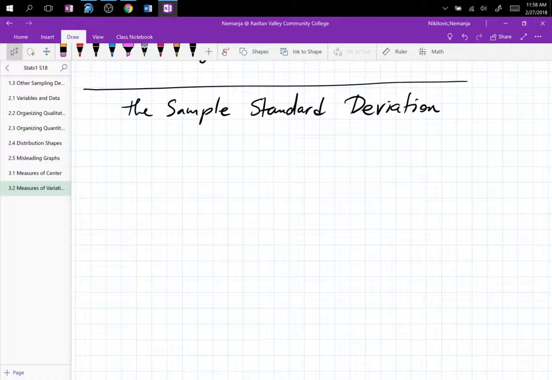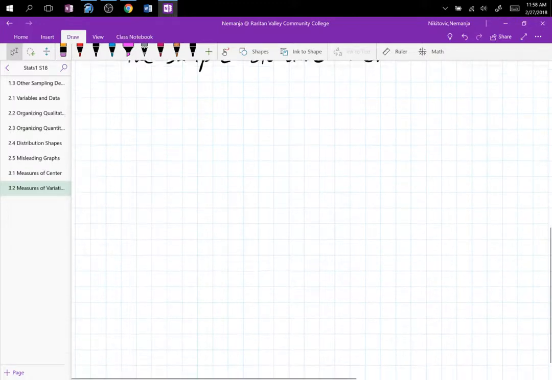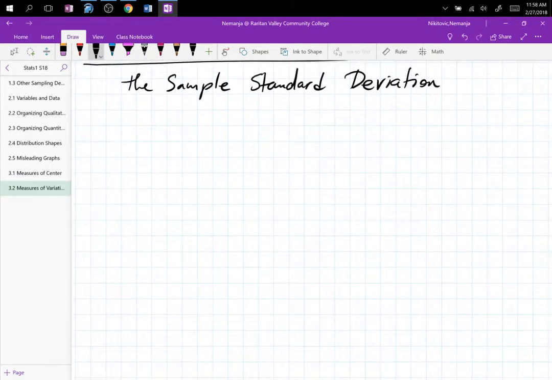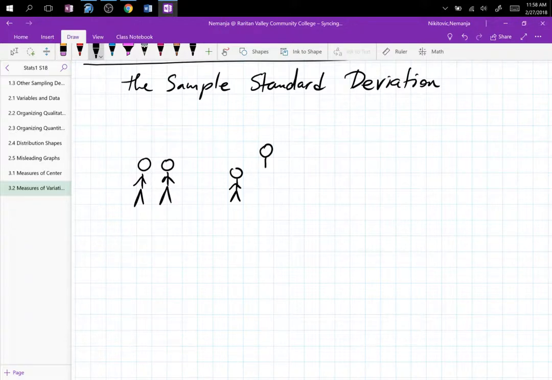Now you can see that the mean doesn't really tell us that the whole thing is fair. So let's say these are the basketball players: these are the two mid guys, and the other team has the shorter guy and the taller guy.